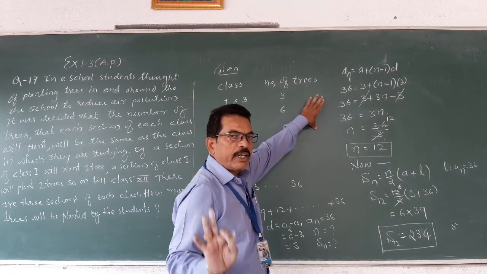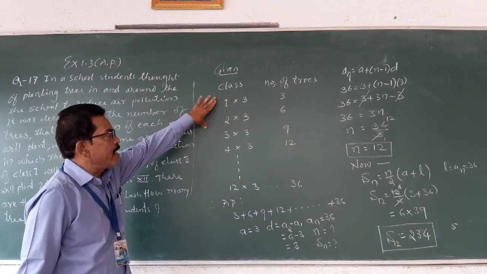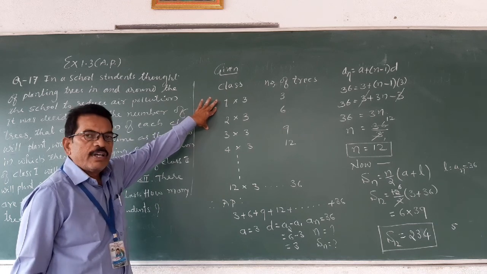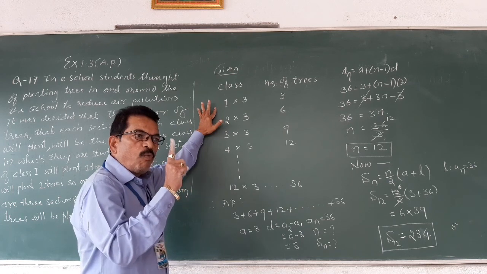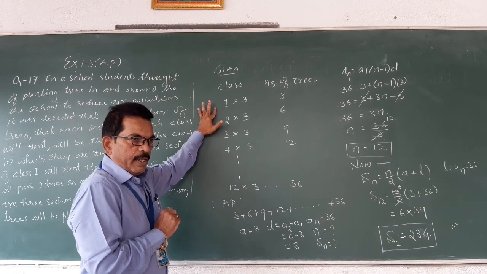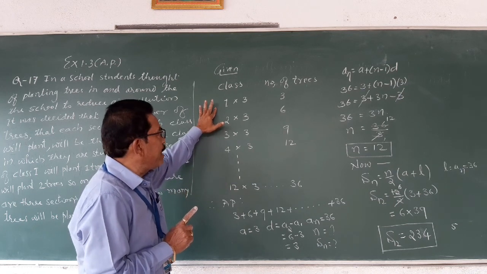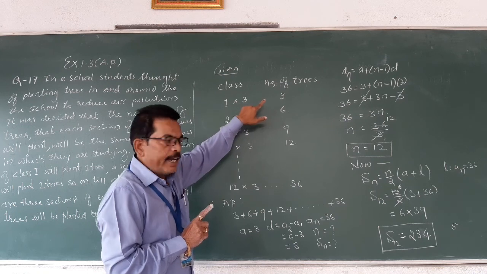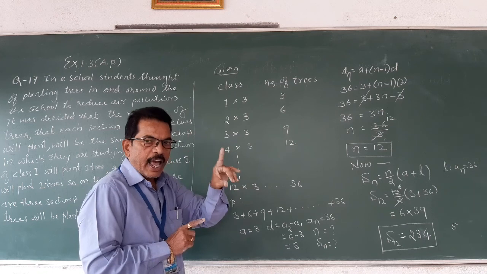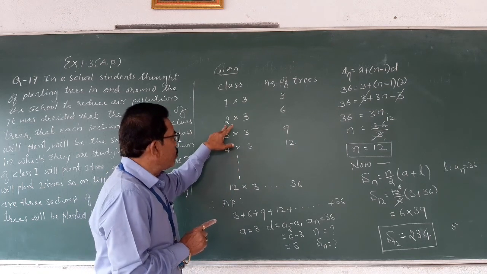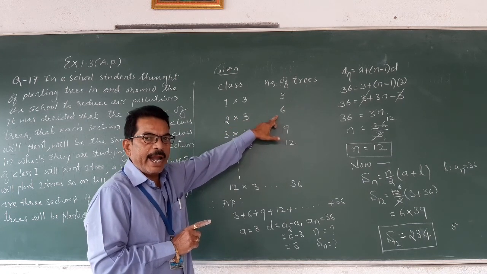Once again I will explain that one. Here the pattern of planting the trees is given. If you are in first standard, you plant 3 trees, since there are three sections. In second standard also there are 3 sections, so 2 times 3 is 6 plants they have to plant.